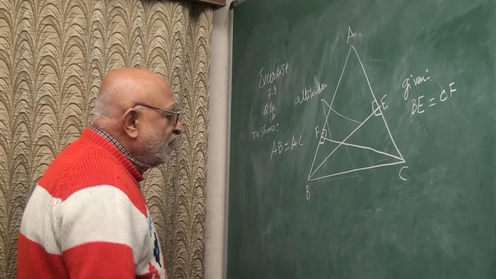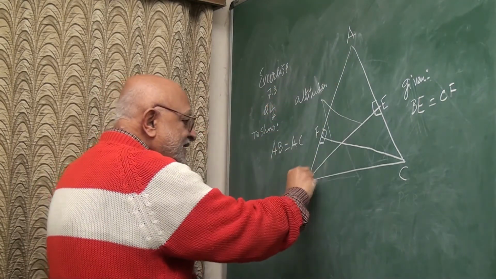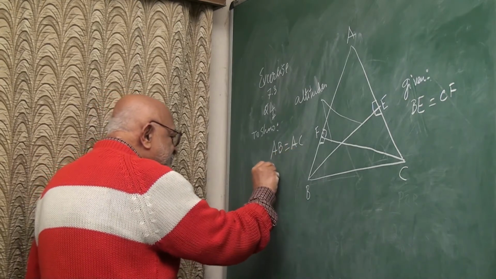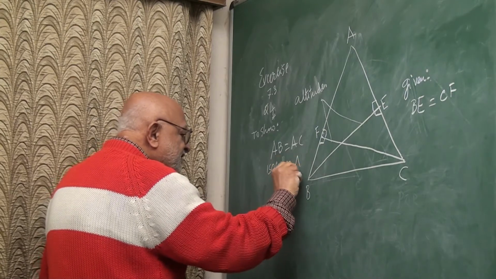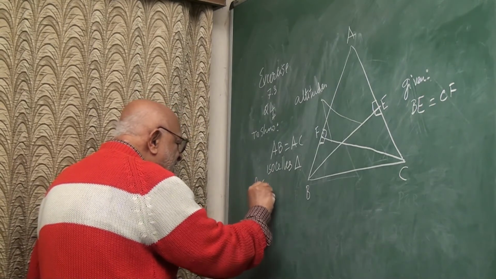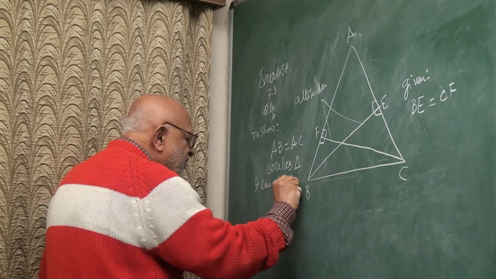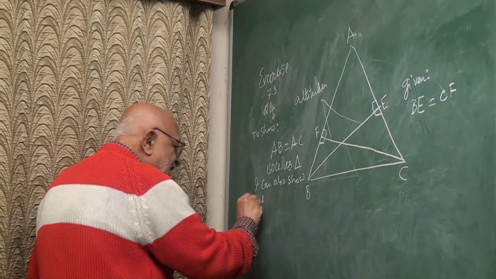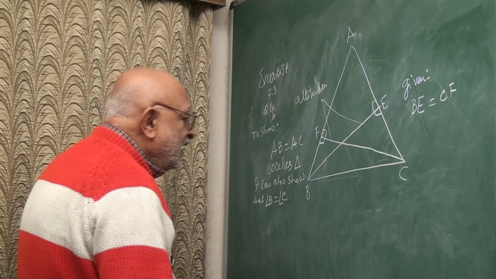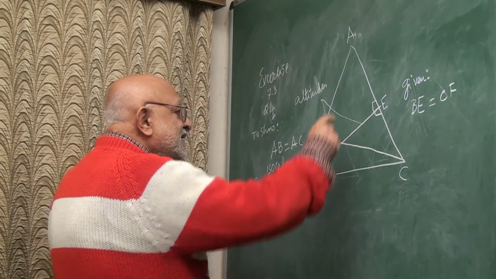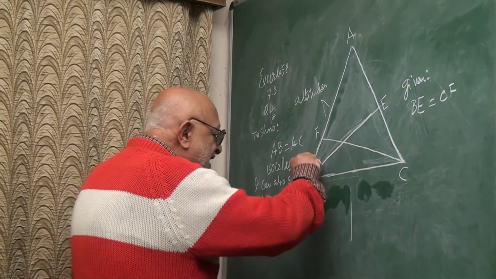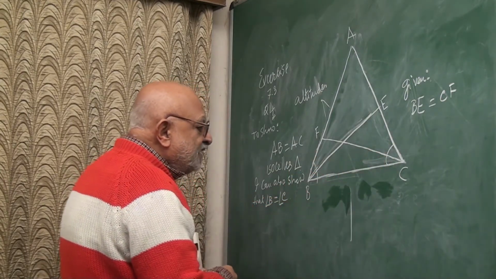In order to show these two are equal, since it is an isosceles triangle, if AB equals AC, that means I can also show that angle B is equal to angle C. In order to show that this angle and this angle are equal, I will start with two triangles.